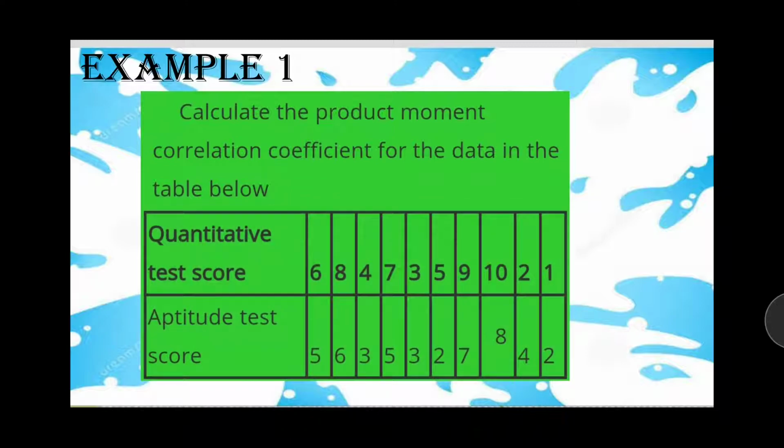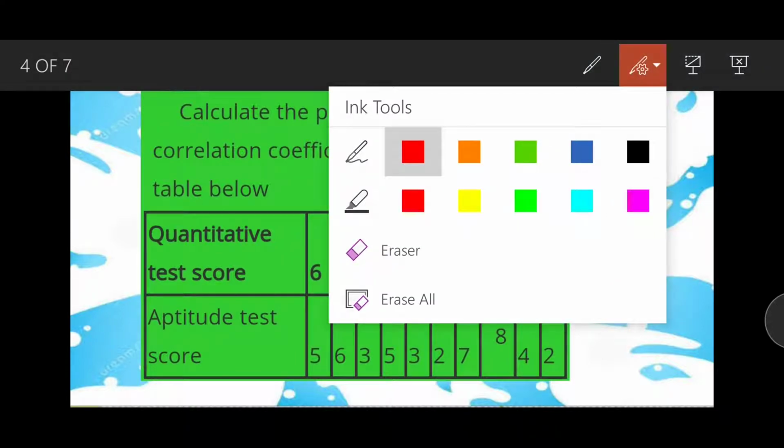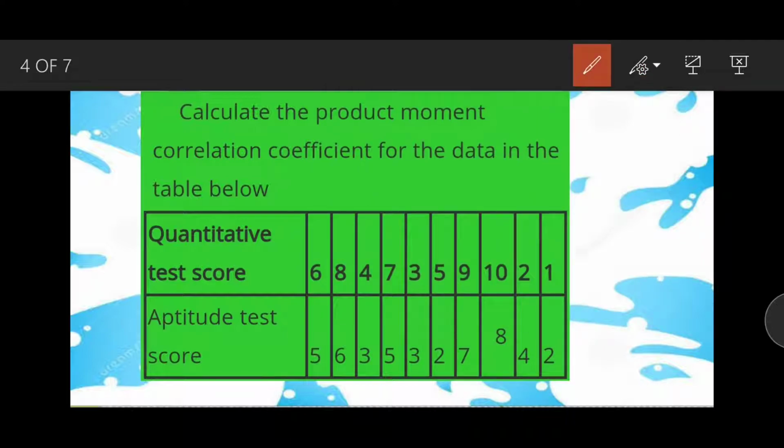We are given two variables: quantitative test score, which we are going to call variable x, and aptitude test score, which we are going to call variable y. So this is my x and this is my variable y.